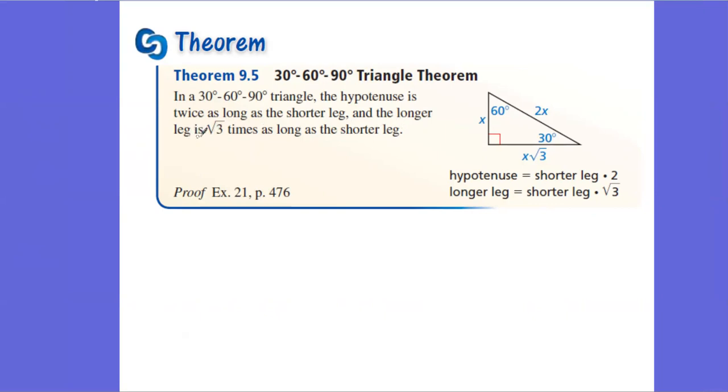And the longer leg is root 3 times as long as the shorter leg. So these are your legs of your triangle, and this is your hypotenuse here. So whatever value x this is, double that. That's across your 90. That's 2x. And from here to here multiply by the square root of 3, and that's what's across from your 60.